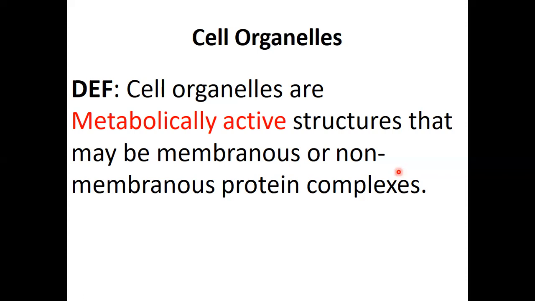These are organelles surrounded by a membrane similar to the cell membrane in structure. So I'll refer you to part 1 where we discussed the cell membrane. Then we have other organelles that do not have a membrane around them. So we call them non-membrane-bound organelles. As we discuss these organelles, we'll see which ones are membrane-bound and which ones are not.